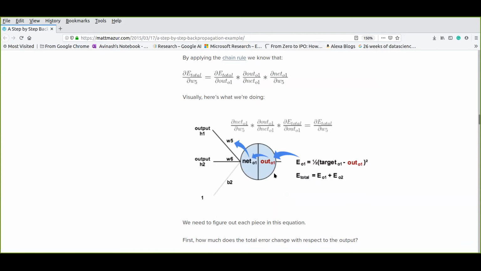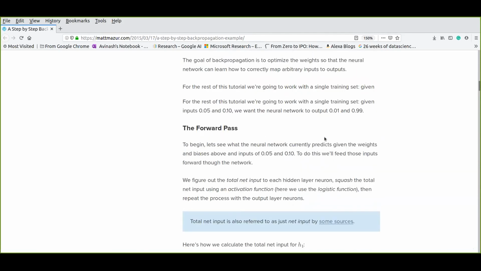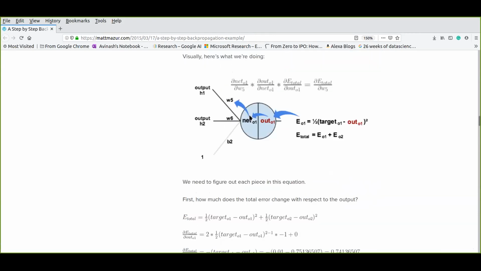The circle here is our output 1, the output 1 neuron. Inside it, it takes the net input from the previous layer: for output 1, it gets its inputs from H1 and H2 along with their weights, and they are put together to form net O1.